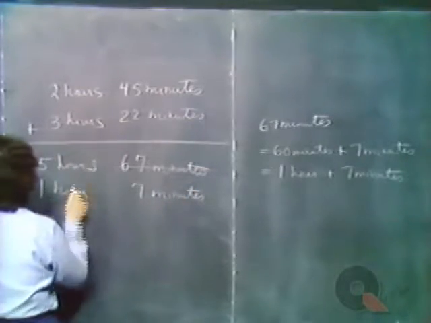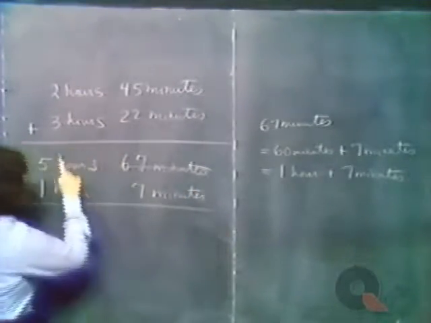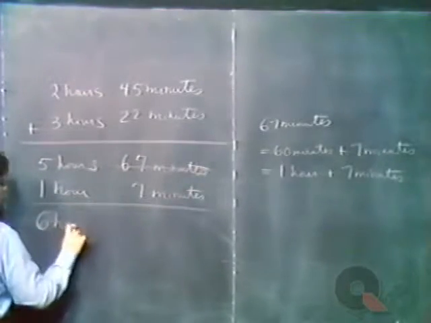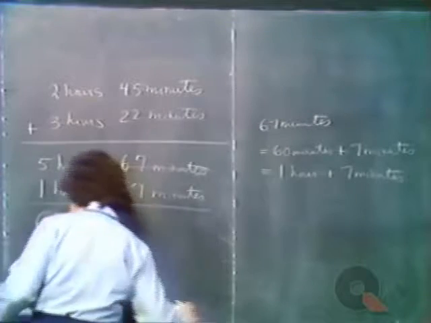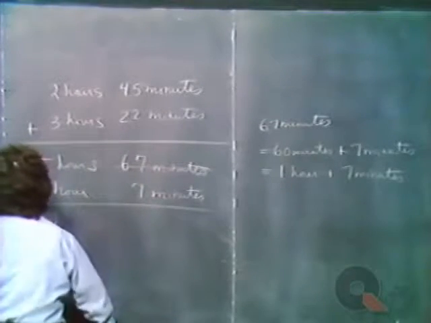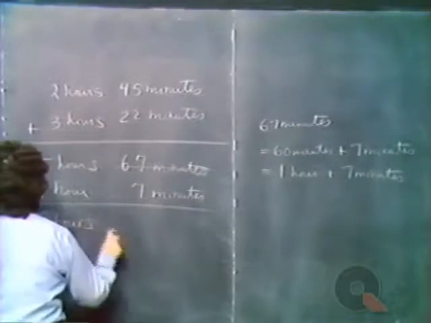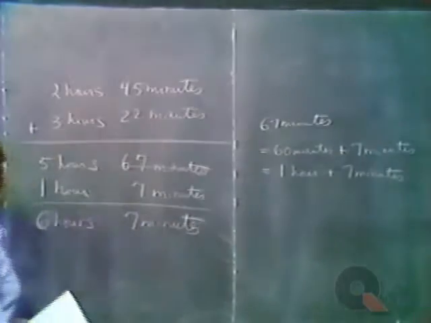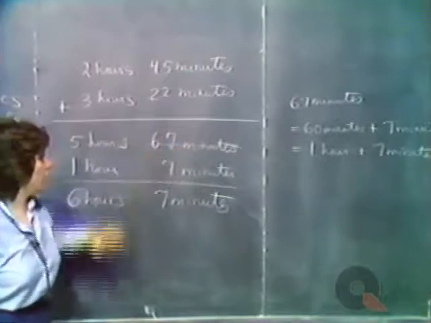And then continue this and add this, so we have 6 hours, 7 minutes. Okay, 5 hours, 67 minutes is not incorrect.